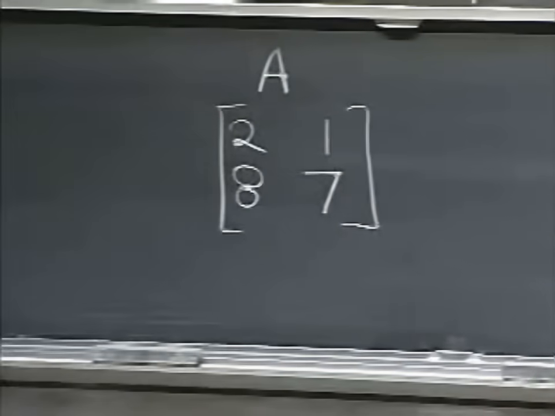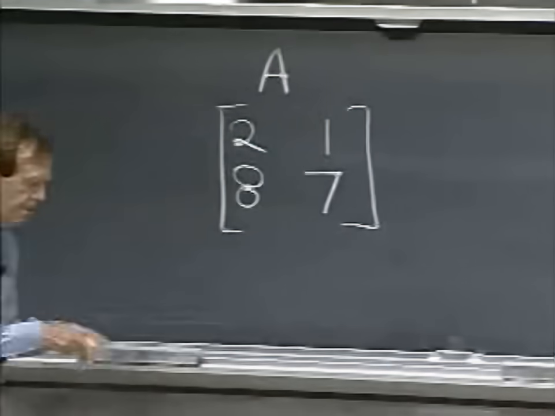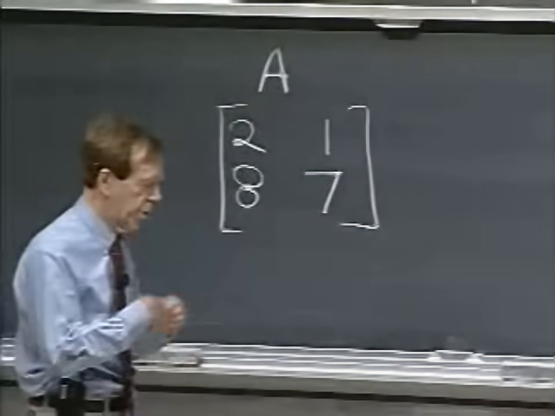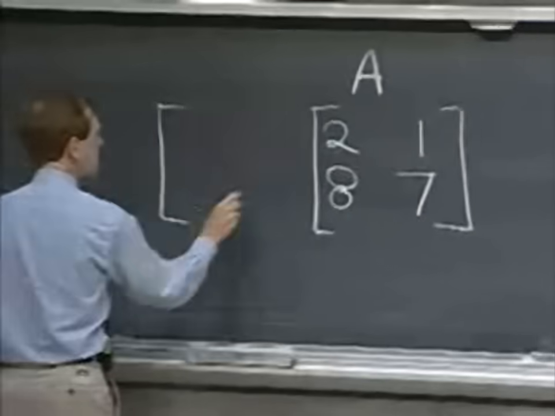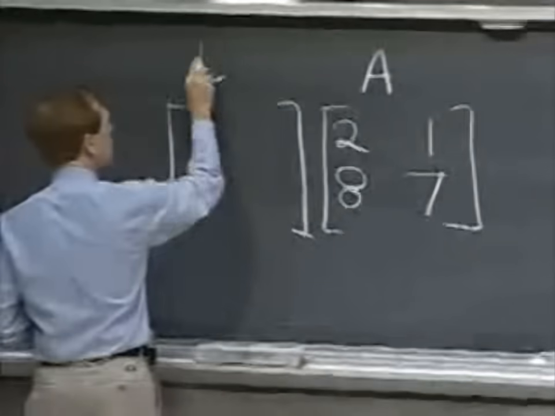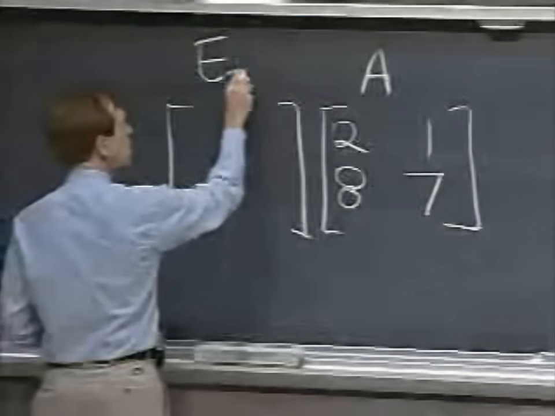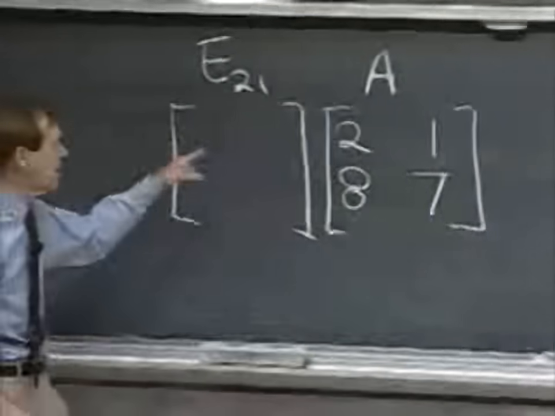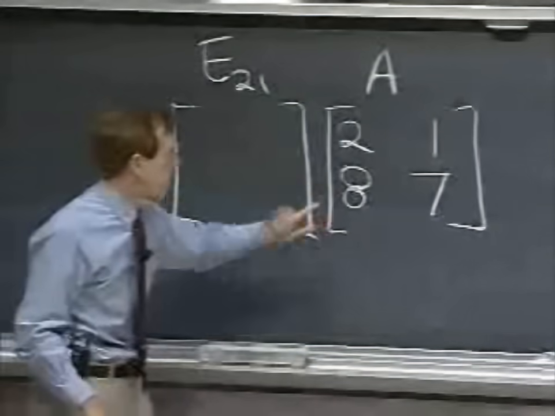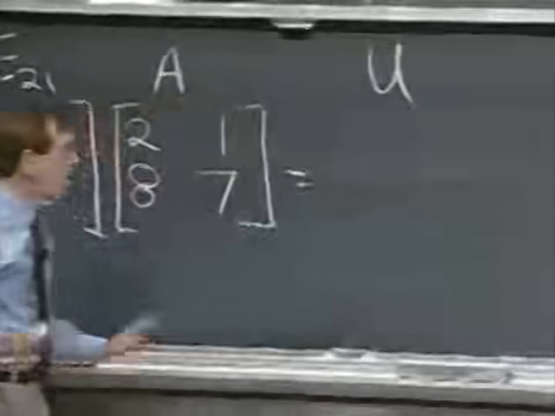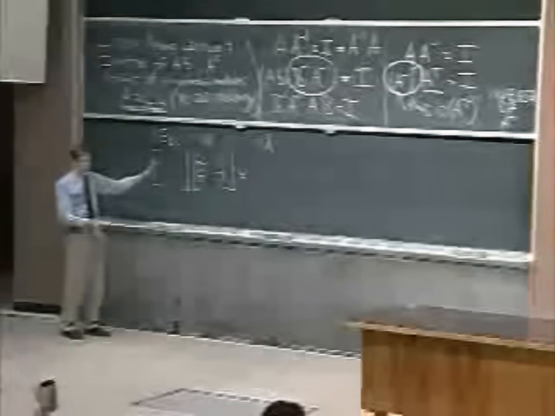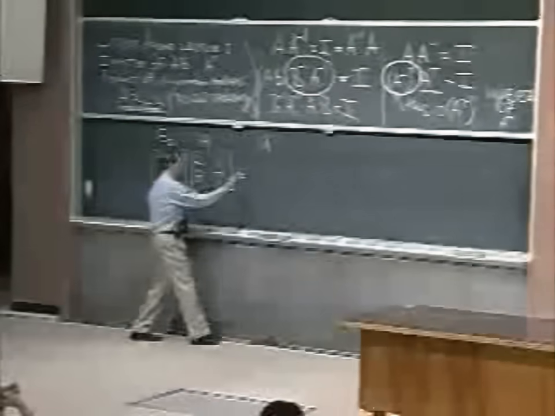Okay, now I want to operate on that with my elementary matrix. So what's the elementary matrix? Strictly speaking, it's E21 because it's the guy that's going to produce a 0 in that position, and it's going to produce U in one shot because it's just a 2 by 2 matrix.